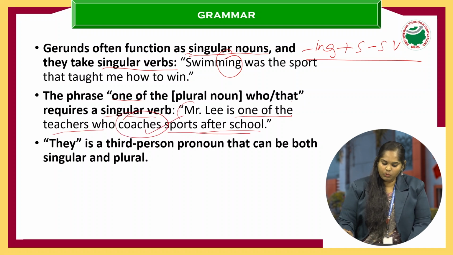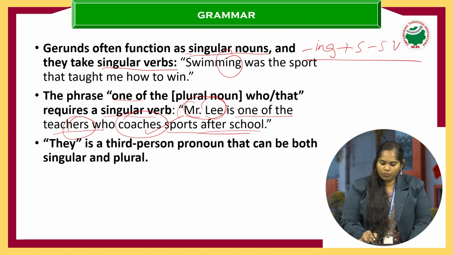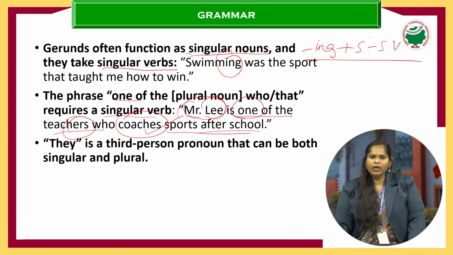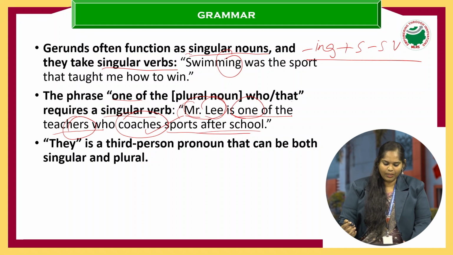So here the coaches will be one. So you're talking about an individual. Even if there is teachers, don't get confused. Here Mr. Lee is there, and one of the dogs of my friends is too playful, something like that. Okay, so whenever you find a phrase with one, whenever you see the word one, then that is considered as singular, so you will be using a singular verb.